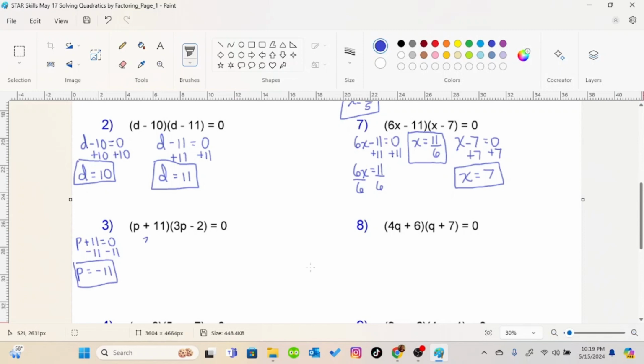Or you set the second factor, 3p minus 2, equal to 0. Add 2 to both sides and get 3p equals 2. Divide both sides by 3 and get our second answer, p equals 2/3.